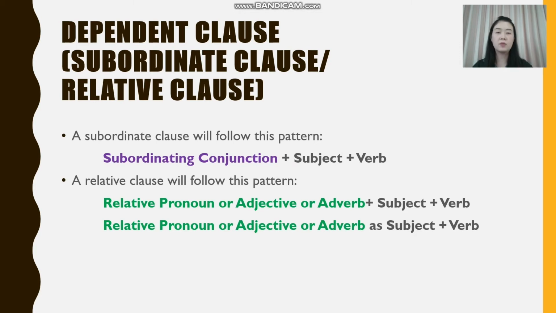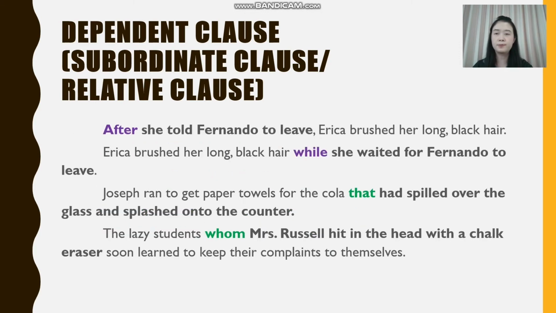Okay, I will give you some examples here. The first one, after, you can see in purple, right? "After she told Fernando to leave, Erica brushed her long black hair." So in this sentence, we have two clauses. "Erica brushed her long black hair" is the main clause, a complete thought.